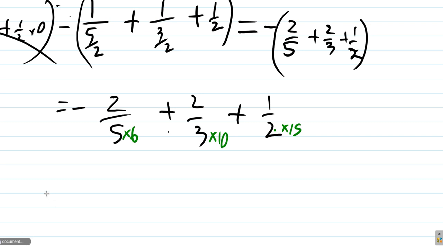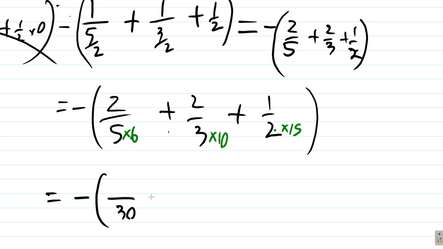So this would be minus. Everything is minus, you know. So we go to something over 30, 5 times 6 is 30, plus something over 30, 3 times 10 is 30, plus 15 times 2 is 30. Alright.